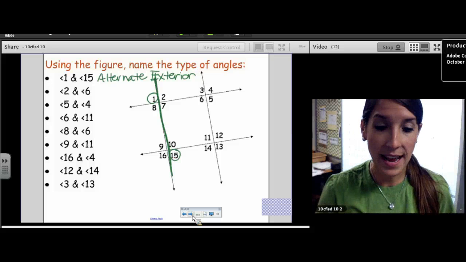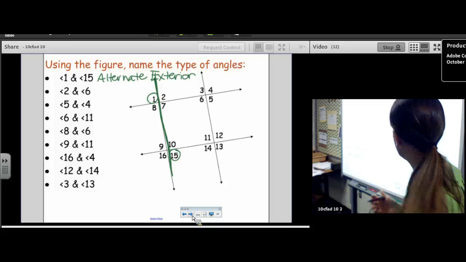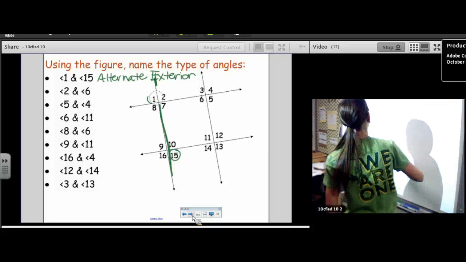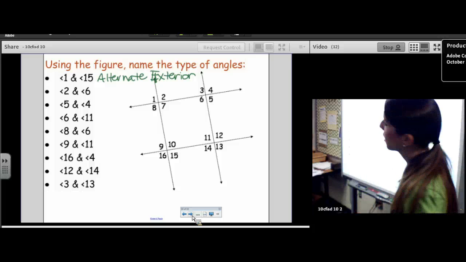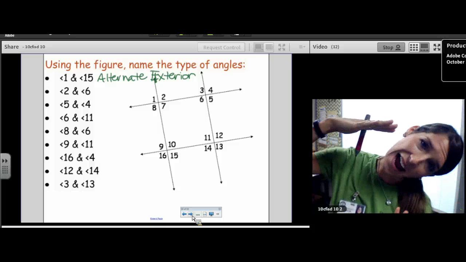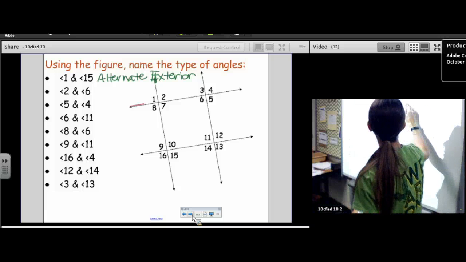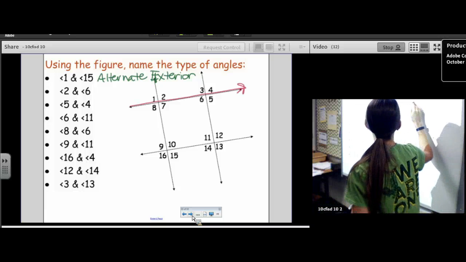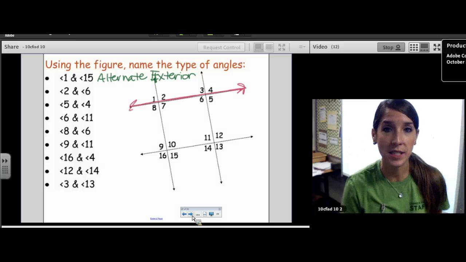Let's do the next one together, and then I want you to fill the rest out on your own. 2 and 6. Now 2 and 6, you might want to turn your head sideways to look at that because our transversal is going sideways now, if that helps you. 2 and 6, are they on the same side or alternate sides?